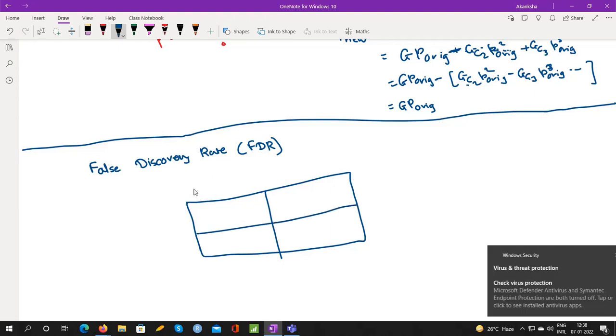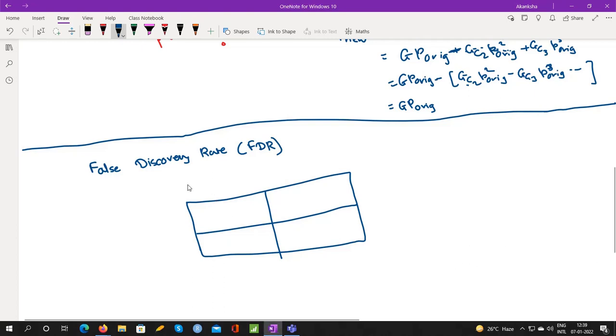So yesterday we had made a table. Actual H naught, whether it is true or false, and then the conclusion from the test, whether it is true or false.